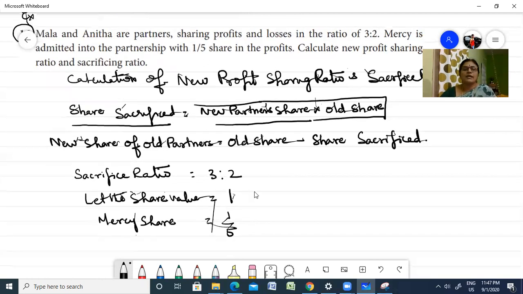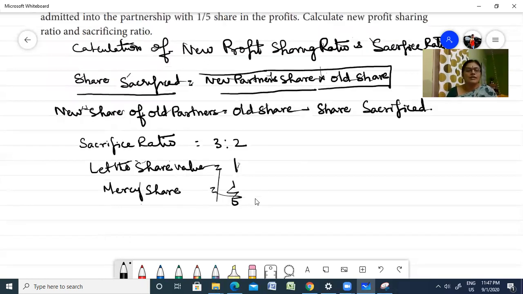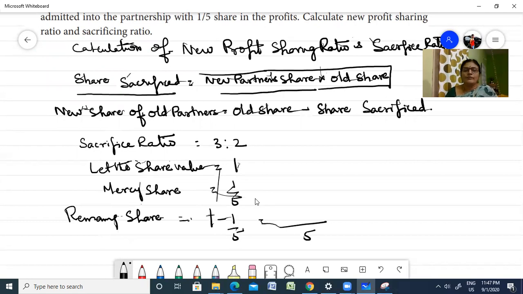So how much is the remaining share? Remaining share is 1 minus 1/5. Take 5 as a common factor: 5 ones are 5, 5 minus 1 is 4, so 4/5 is remaining.